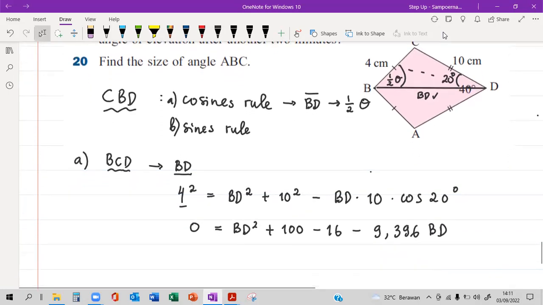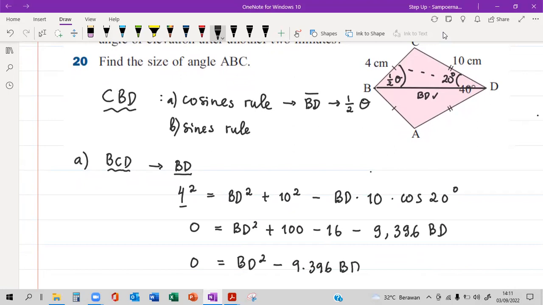So we are almost there. So 0 equals BD squared minus 9.396 BD plus 100 minus 16 equals 84.